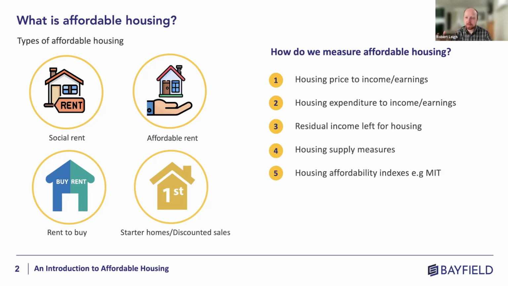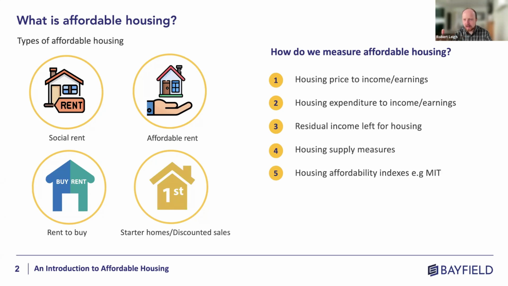So say it's £1,000 in the private rental market, you're only going to be able to charge £800 through affordable rent. What you will find normally is that social rent will be cheaper than affordable rent, and affordable rent will be cheaper than the private market rental sector.